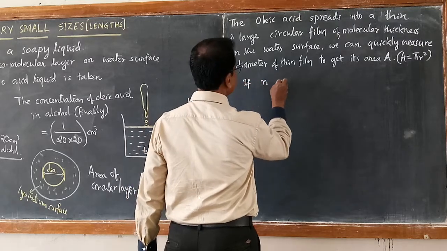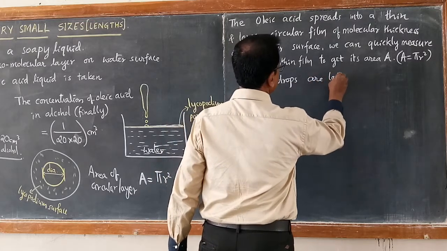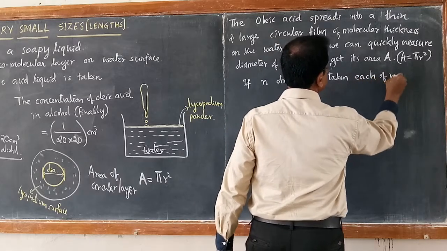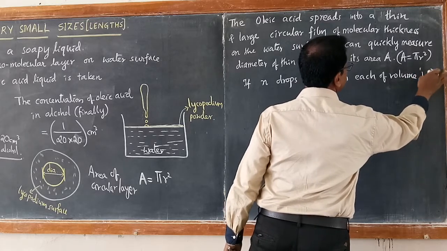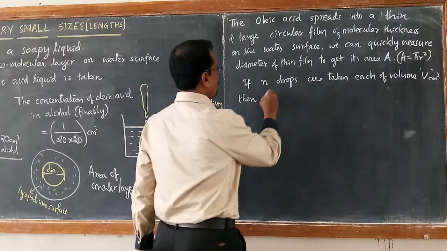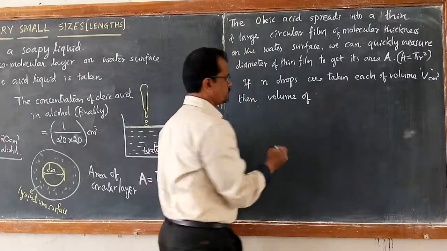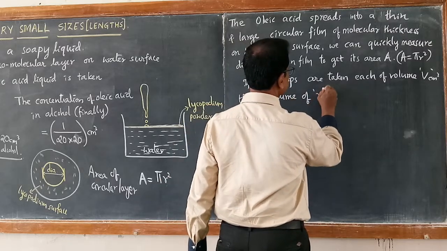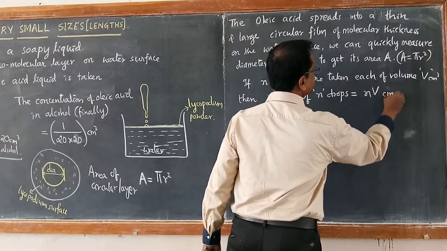If n drops are taken, each of volume B centimeter cube, then the volume of the number of such drops taken is equal to nB centimeter cube.